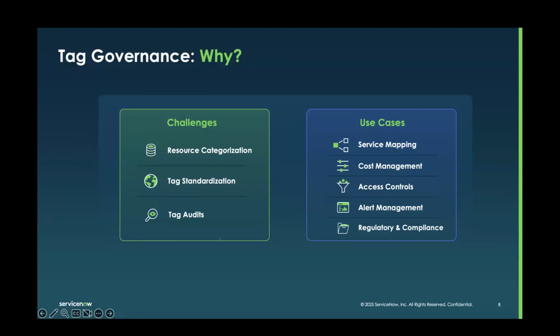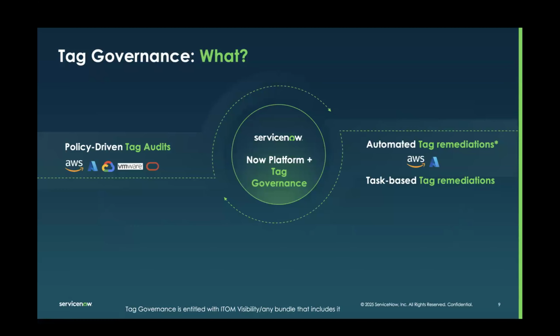The second part is the what. Tag governance, essentially, offers you, from one end, the possibility to have policy-driven tag audits. So you can go and analyze all the resources, cloud or specifically VMware resources, to analyze how they are tagged and whether you have specific tagging policies that need to be addressed for those resources.